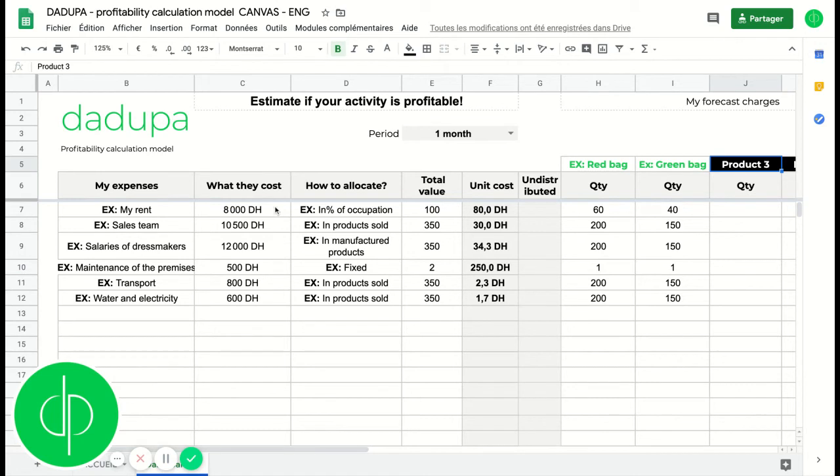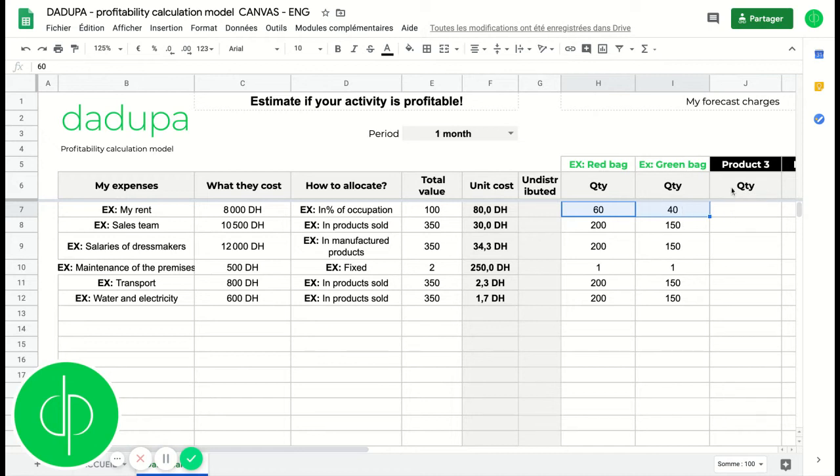So for your rent, for example, you estimate the amount you want to allocate. You must choose the percentage of occupation, for example, and you will enter a value of 100. And for each bag, you will enter the value of the percentage. For example, the red bag is 60% and the green bag is 40%.